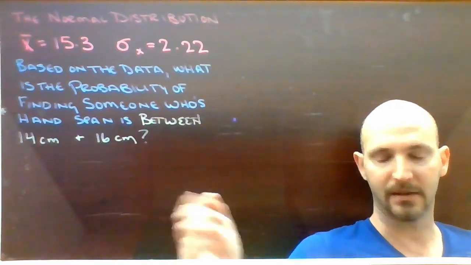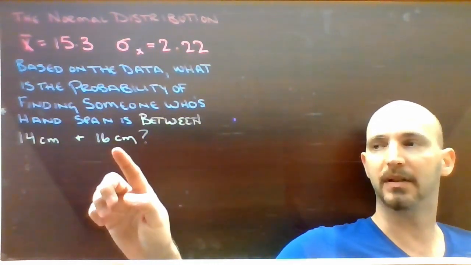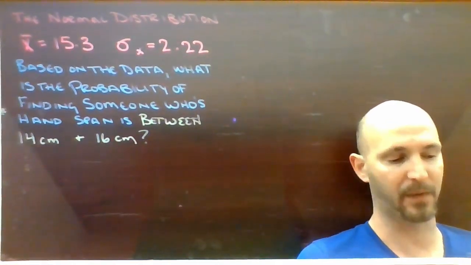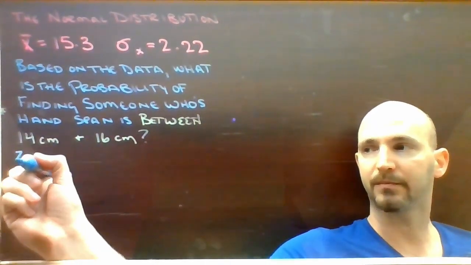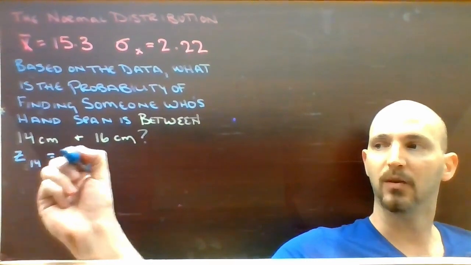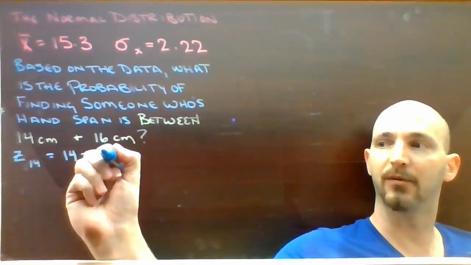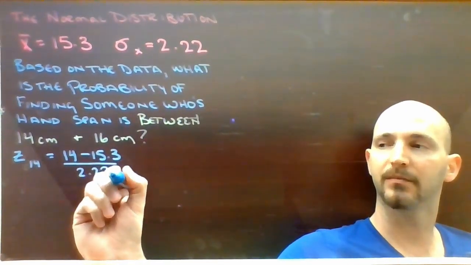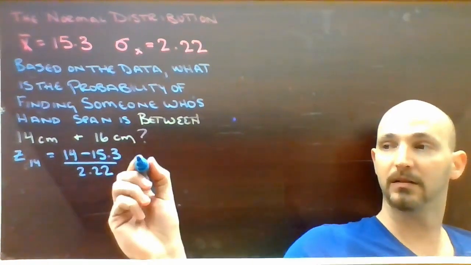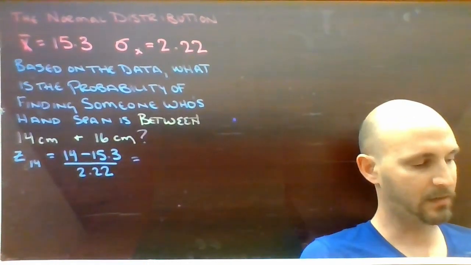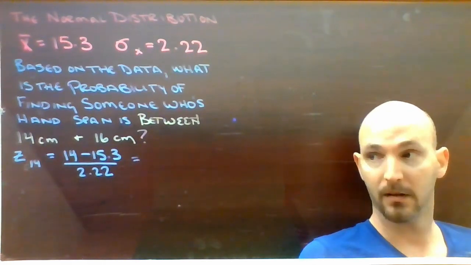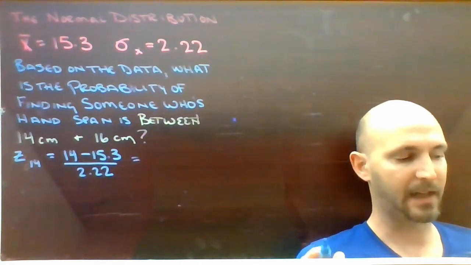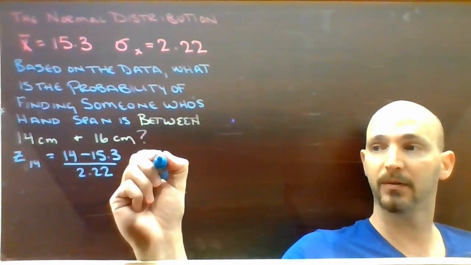So how do you do this? Well, I'm going to need the probabilities of being under this and of being under that. So I'm going to need z-scores of both of them. The z-score of 14 would be 14 minus the average, divided by the standard deviation. That's 14 minus 15.3, divided by 2.22, which is negative 0.59 if I round.